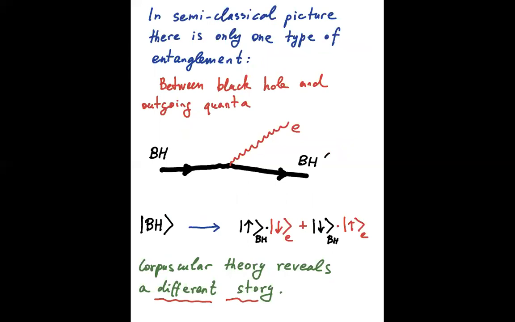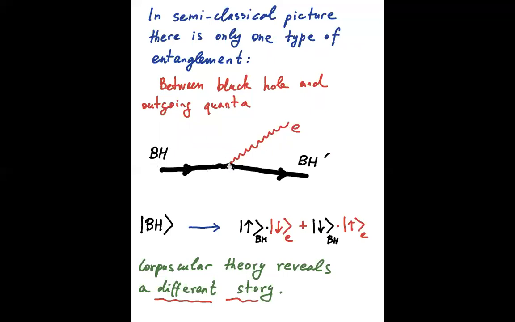Now, in the semi-classical picture, there is only one type of entanglement that you can define. This is because you are not resolving the black hole as a quantum state, as an internal corpuscular structure of a black hole. There's only one type of entanglement. This is entanglement between the black hole and the outgoing quanta. So what happens, for instance, suppose the black hole emits an electron.